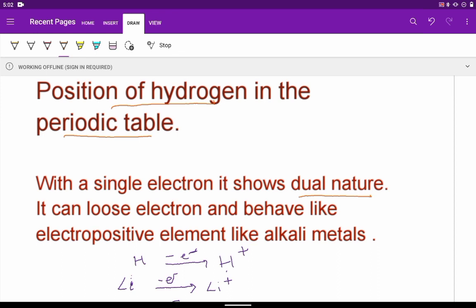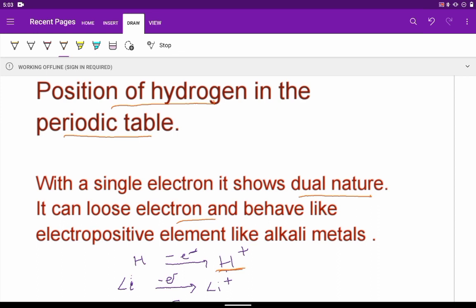Since hydrogen has only one electron, it can lose that electron. If it loses the electron, it forms a positive ion, H+. So this is an electropositive ion, a positive ion, a cation.